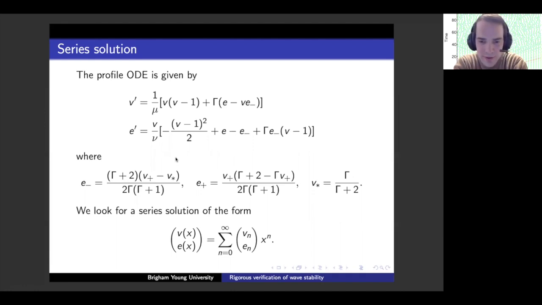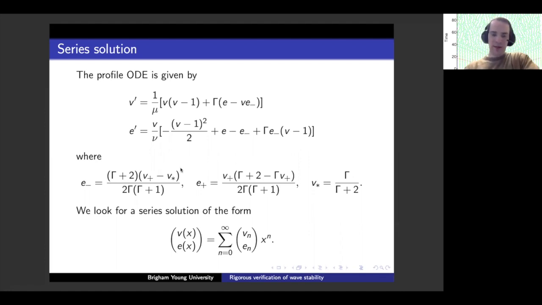I do it a little differently, and the main reason why is because I started looking at this clear back before I was aware of these other methods, but also because it turns out to be pretty straightforward just to get a series solution with a bound on the tail. And so that's the way I do it.